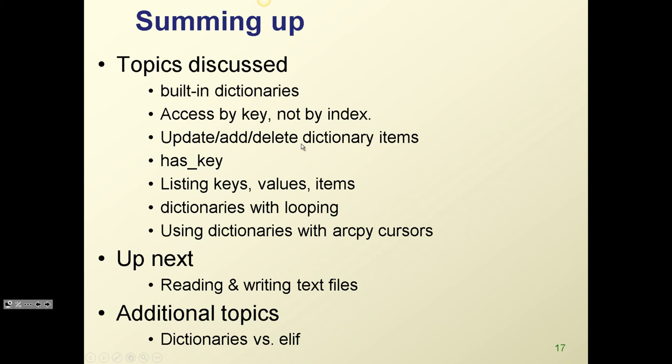And deleting, you use the del keyword to do that, and then you access that key with the square braces. You learned about has key, but alternately to has key, you can use the in keyword. You got lists of keys, values, and items just by using the dot object dot method.